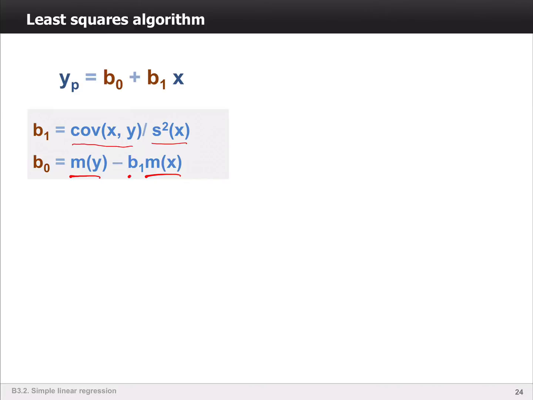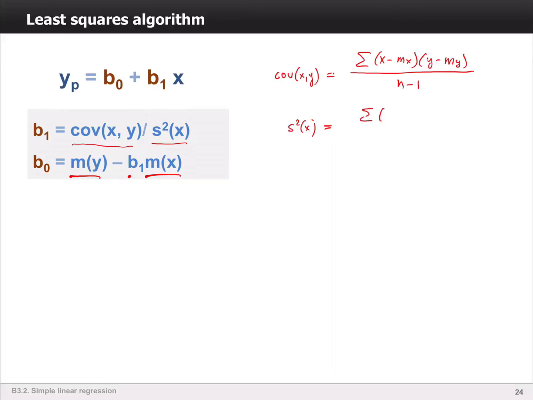So the covariance between x and y is the following thing. It's a sum of (x minus average x) times (y minus average y), and then you divide it by n minus 1. So that's what we call covariance. And then the variance for x is the following thing.